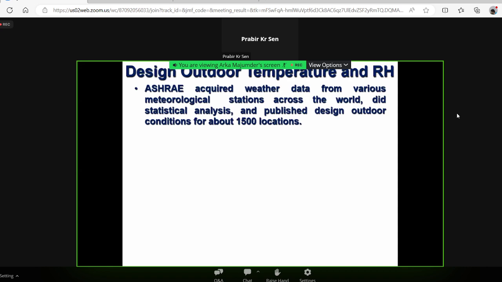Now it has increased; I think it is around 3,000 locations. They have collected data from local weather stations and meteorological stations, made statistical analysis, and come out with suggested outdoor design conditions.